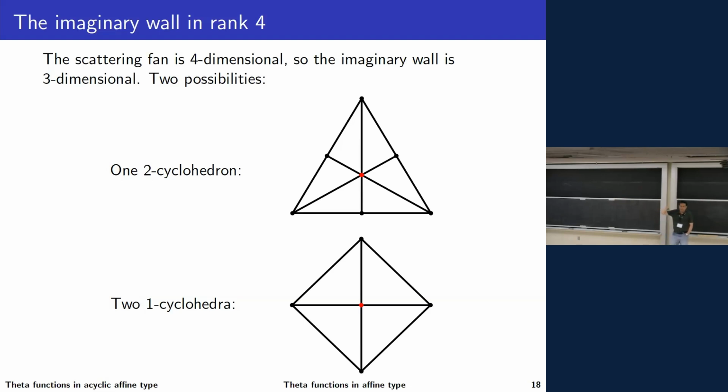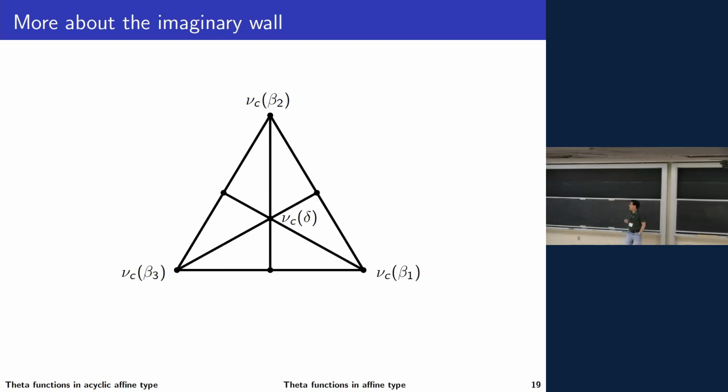Right? The cyclohedron is a hexagon, and you can see that it's flattened out into a triangle, but there's 6 sides or 6 cones that it's broken into. Or I could have a product of two 1-dimensional cyclohedra, and they share that ring. Okay. There's more about this.